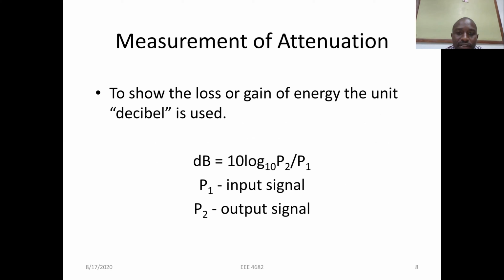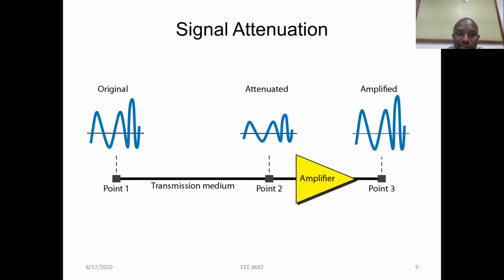Attenuation in decibels is simply 10 log P2 over P1, where P1 and P2 are basically the input signal and the output signal. If you look at the diagram given here, at point 1 you measure the power, which is P1. At point 2, you measure power, which is P2. P2 over P1, expressed as a log to the base of 10, multiplied by 10, gives you the attenuation at point 2.